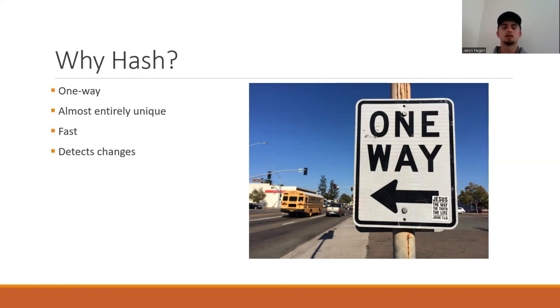And then the biggest thing is it detects changes. So if you put a text into a hash function, say it's a big book, a 1,000 or 2,000 word page book, and you put it into a hash function, if you change one singular letter or one singular punctuation in that book and put it in again, you get a completely different hash.